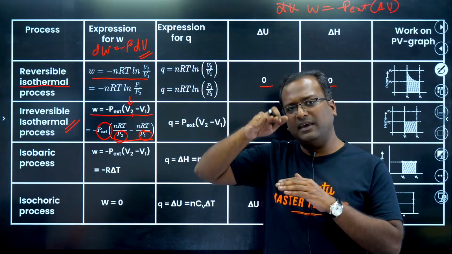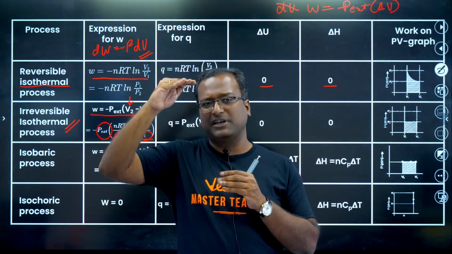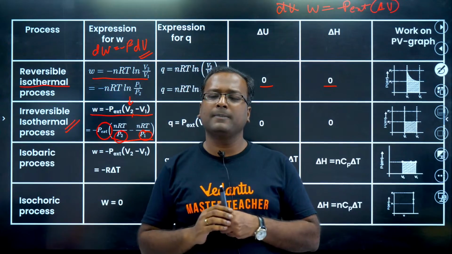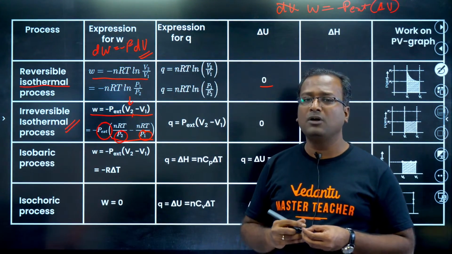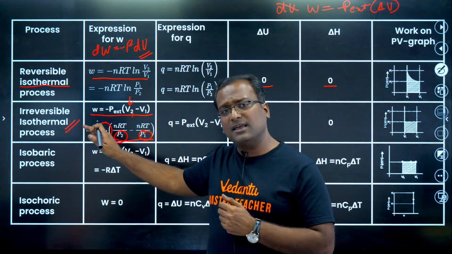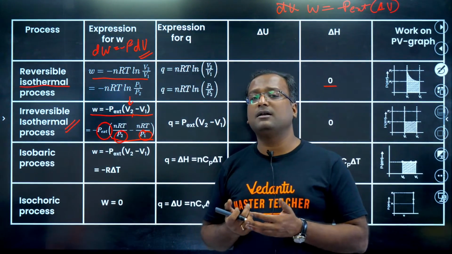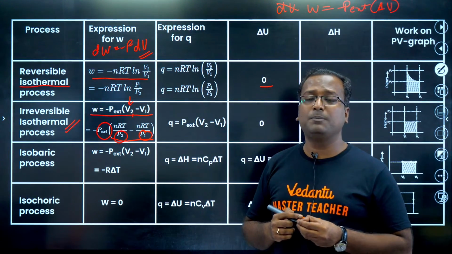If I'm compressing, P external is again the final pressure, because I have to reach the final pressure value, right? And I have to stop there. So P external is always equal to P2, whether you are expanding or compressing. So although we have written three separate terms, P external here is equal to the final pressure here.